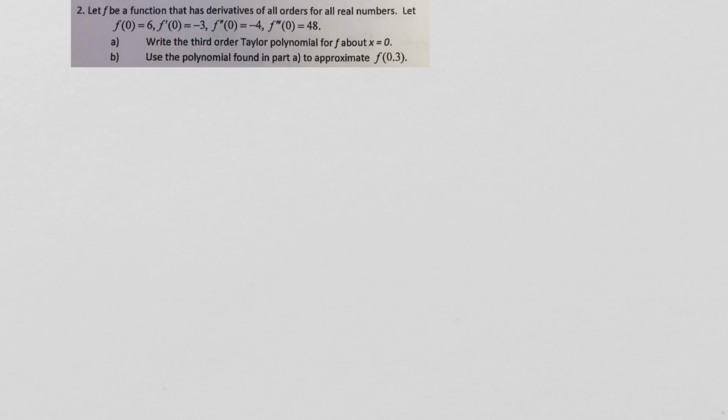So, to do a Taylor series like this, I know that I'm going to write P sub 3 because it's got the third derivative in it. You could use any notation you want there. P sub 3 of x is f of 0 plus f prime of 0 times x.